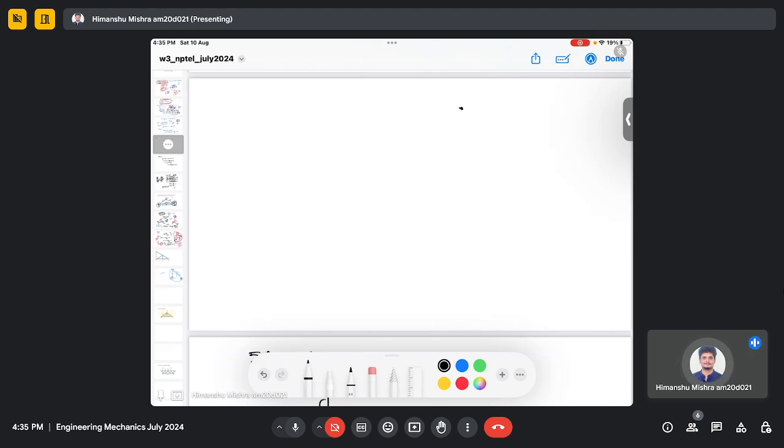Let's consider we have a truss. This is 30, this is 15. And there is a 400 Newton force acting here. This is 2 meter, this is 2 meter, this is 2 meter.